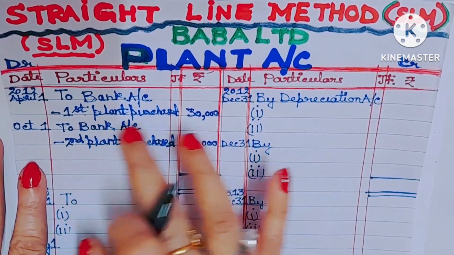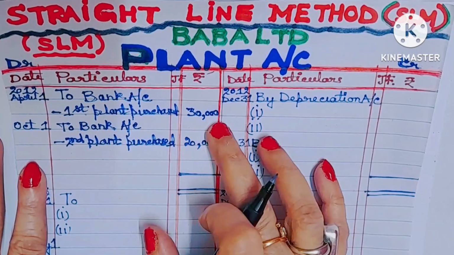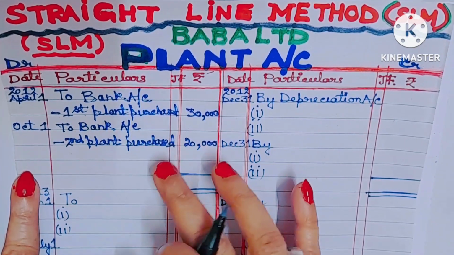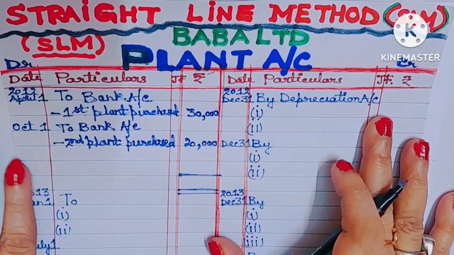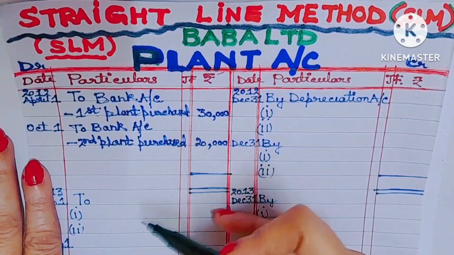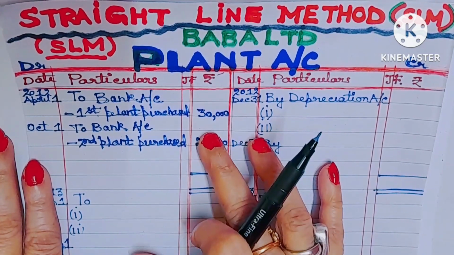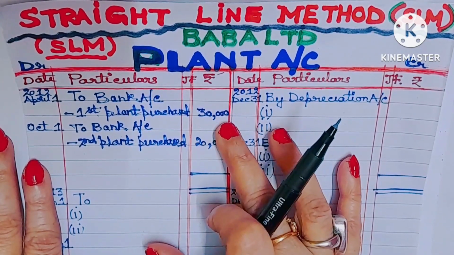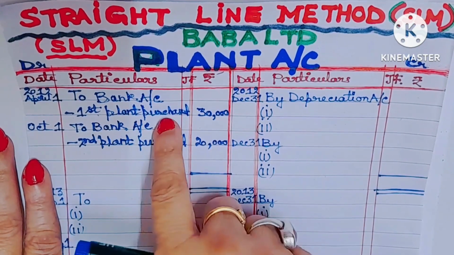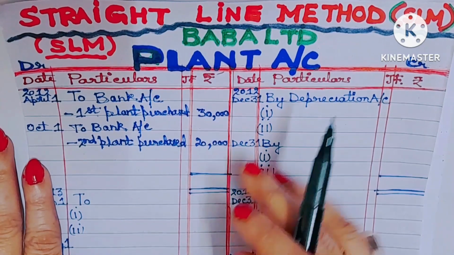Now remember, in 2012 no other plant was purchased by Baba Limited. Only the first plant was purchased on 1st April 2012 for 30,000 and the second plant was purchased on 1st October 2012 for 20,000. Okay. Now we got to charge depreciation on these two plants. On the first plant, we got to charge depreciation on 30,000 for 9 months. Why 9 months? Because the first plant was purchased by Baba Limited on 1st April 2012.